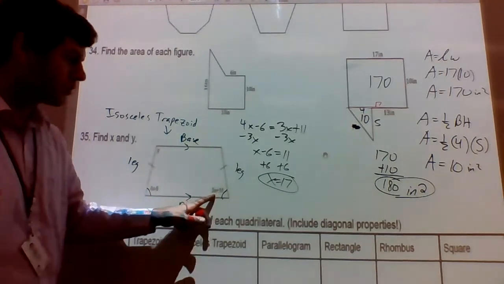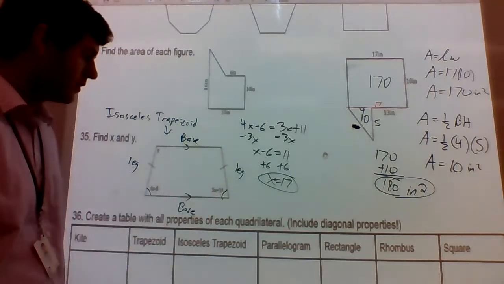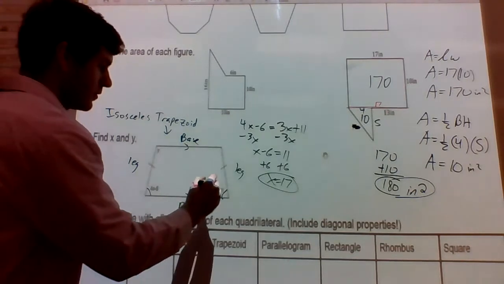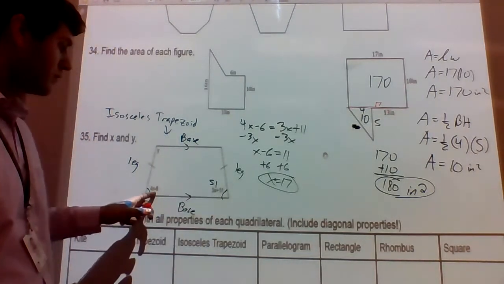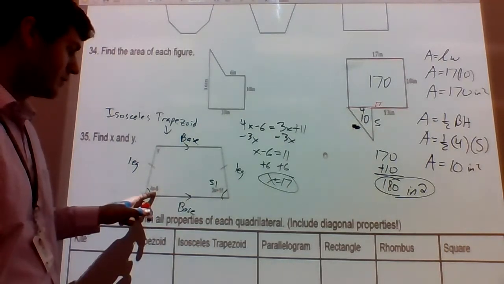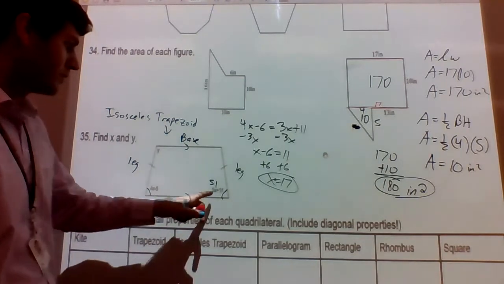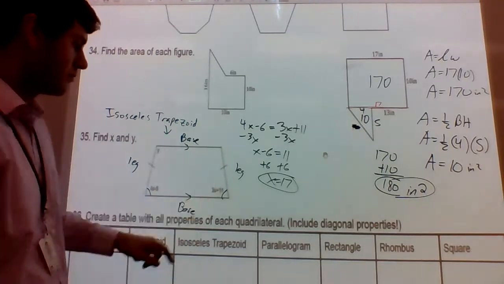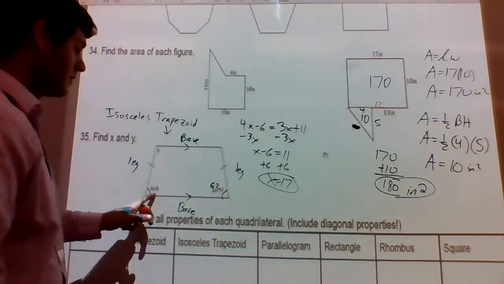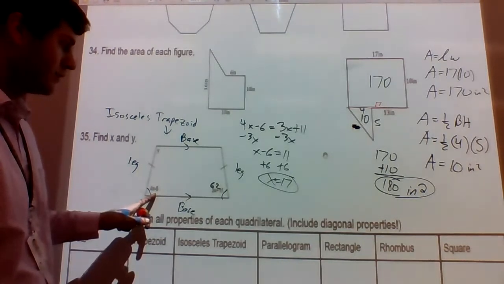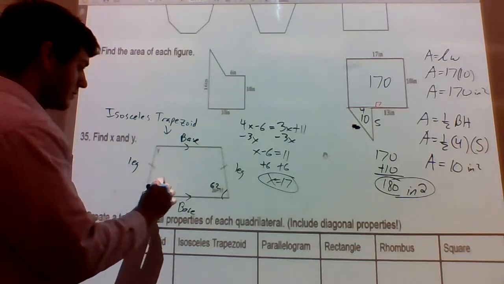Plug it in to make sure. 3 times 17 is 51, plus 11 is 62. 4 times 17 is 68, minus 6 is 62.